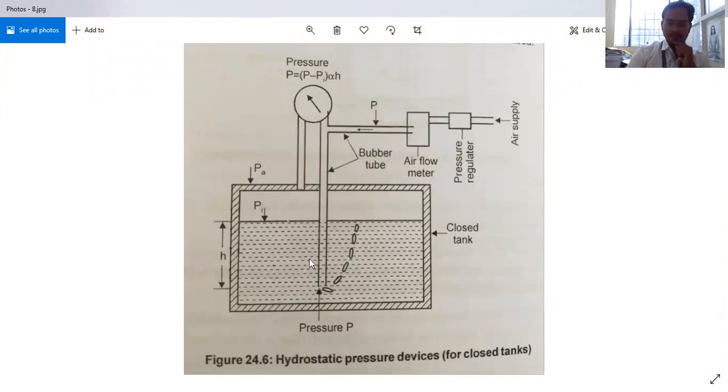Here we are coming to the basic principle of this instrument.